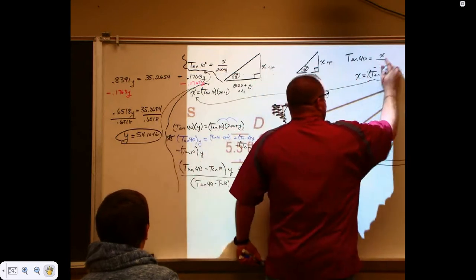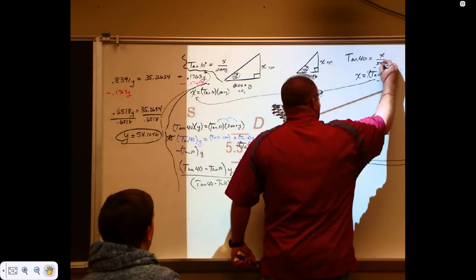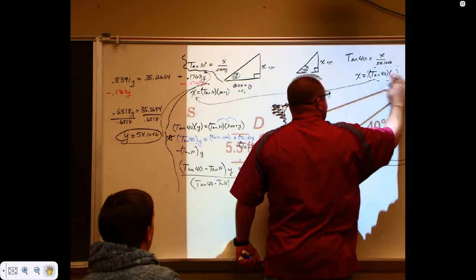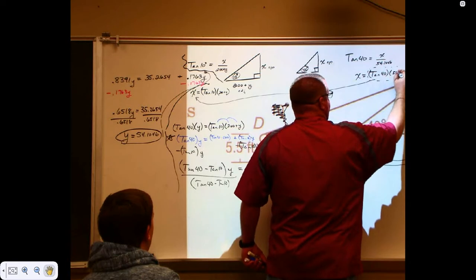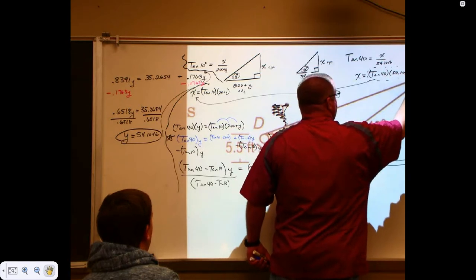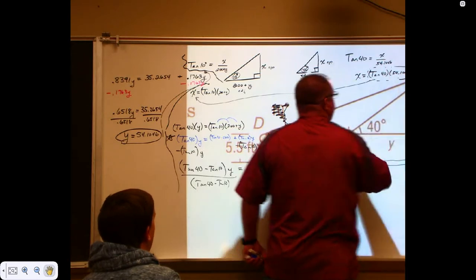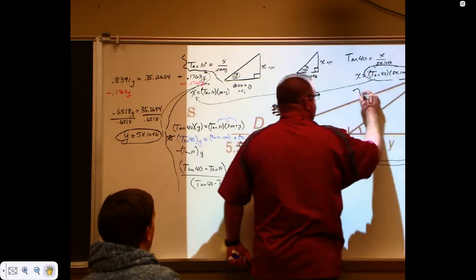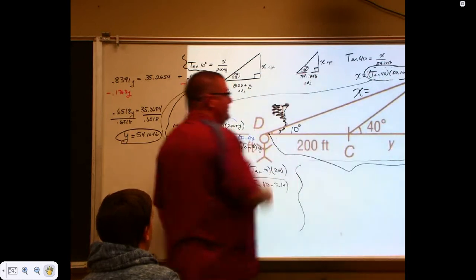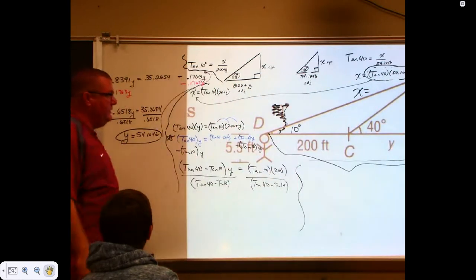So in this trig function we can put now what? 54.1046. Can't you put that into your calculator now and find what X is? Tangent of 40 times 54.1046.